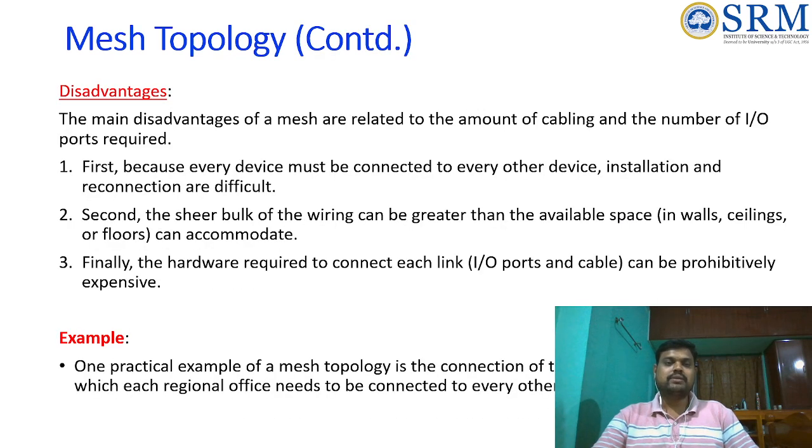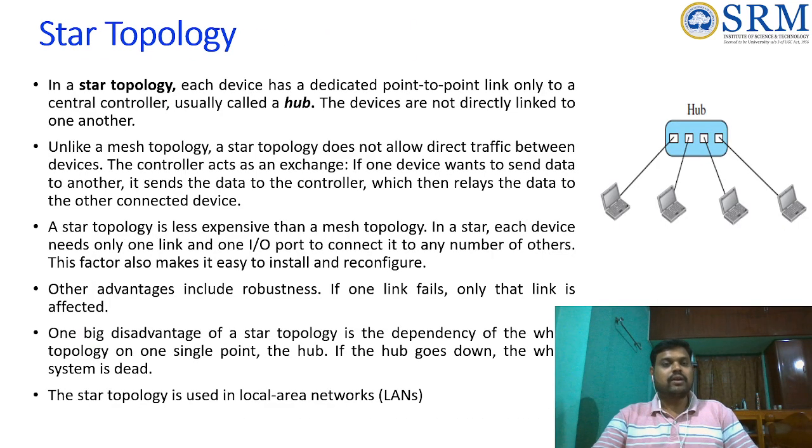The next one is the star topology. In star topology, all the devices are connected through a central hub, or central controller. All the 4 devices are connected through a central switch or central router, which is called a central controller.